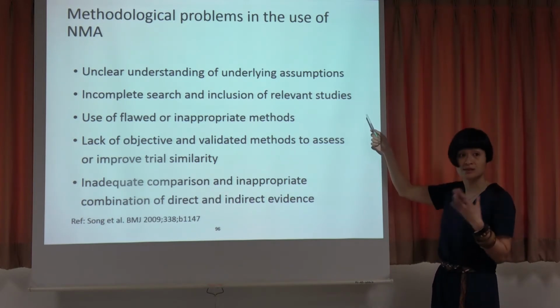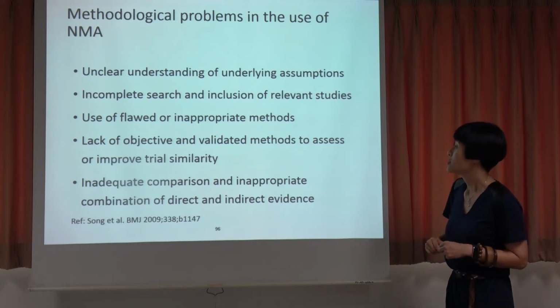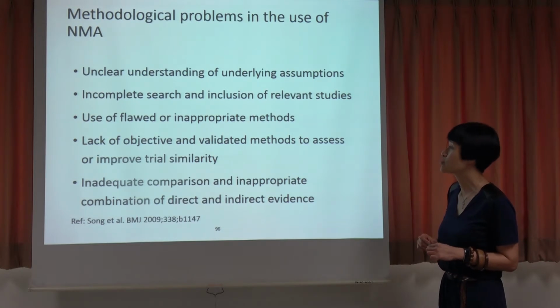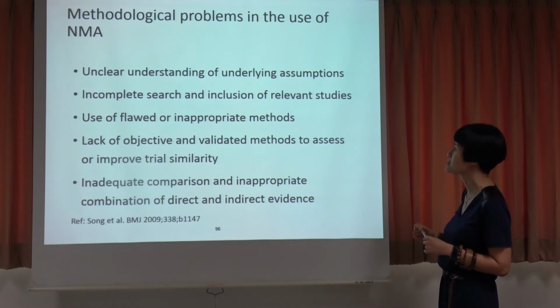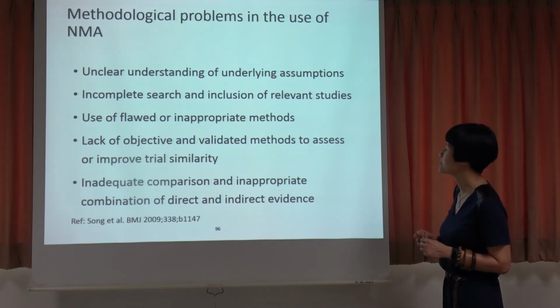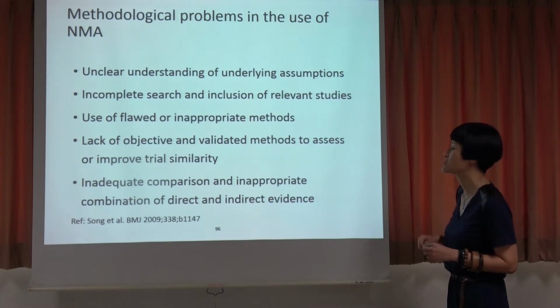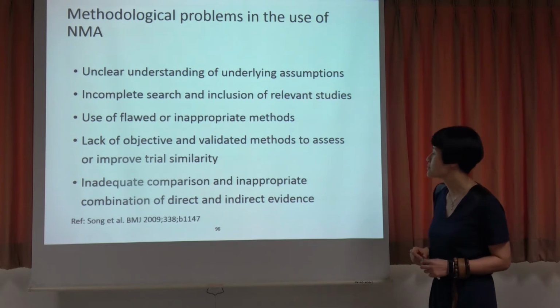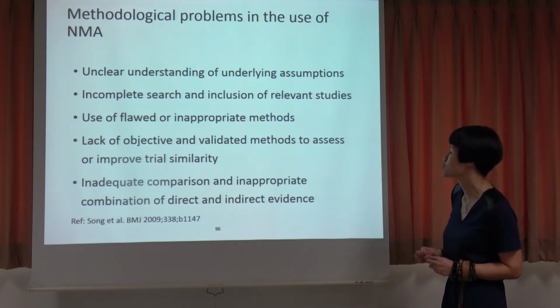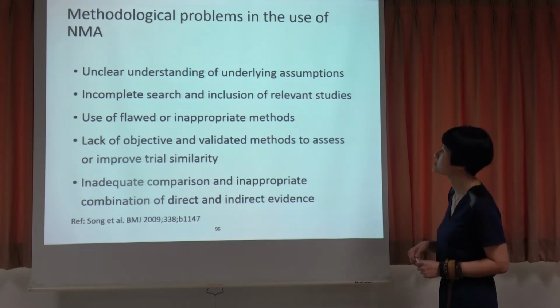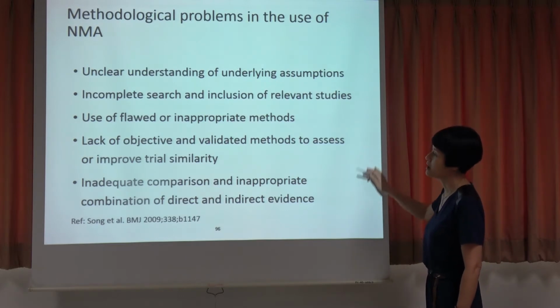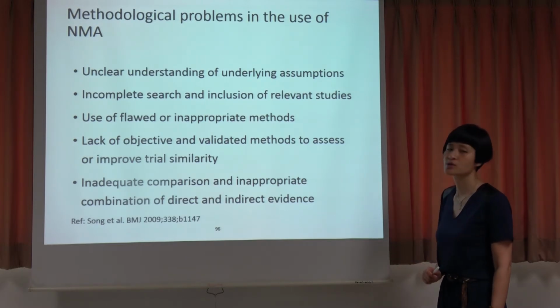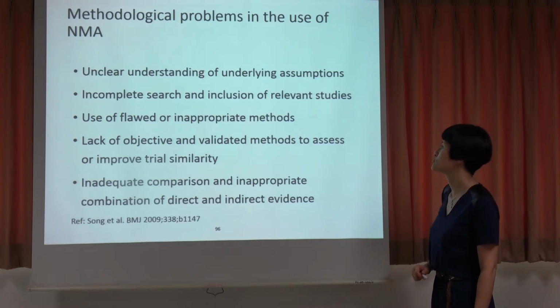Use of flawed or inappropriate methods, again, is not specific to network meta-analysis. There is a lack of objective and validated methods to assess or improve trial similarity, so transitivity is a big issue. And there is inadequate comparison and inappropriate combination of direct and indirect evidence. So these are the key limitations that he has observed in the published literature.